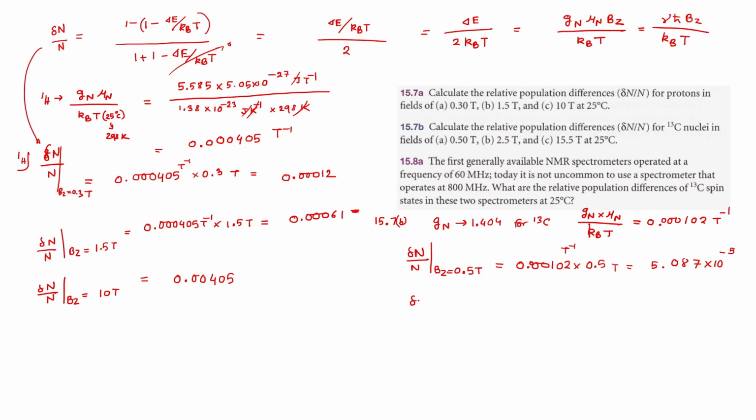Obviously, the B z values are different, so you can't really compare. So it will be 0.0000102 into 2.5.